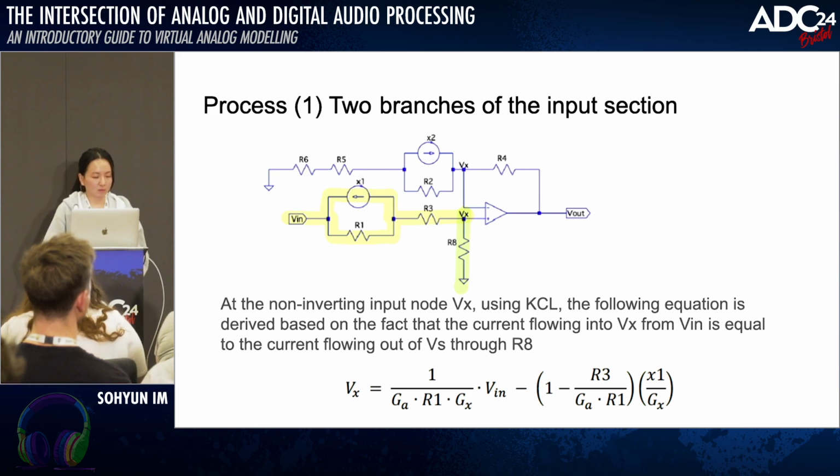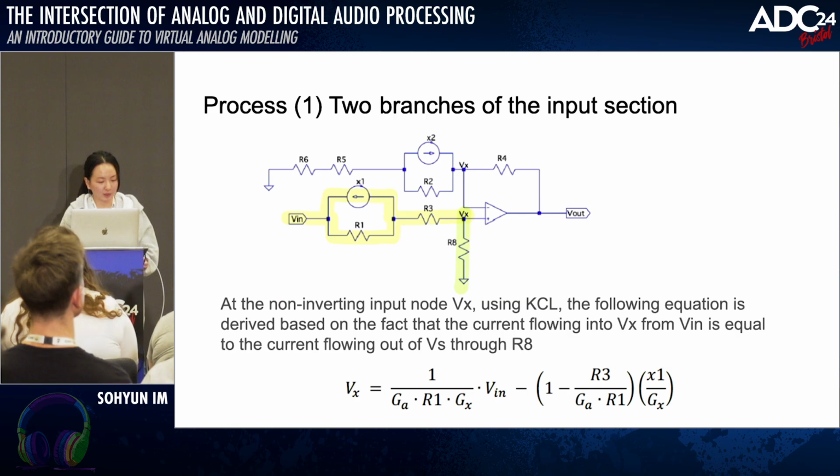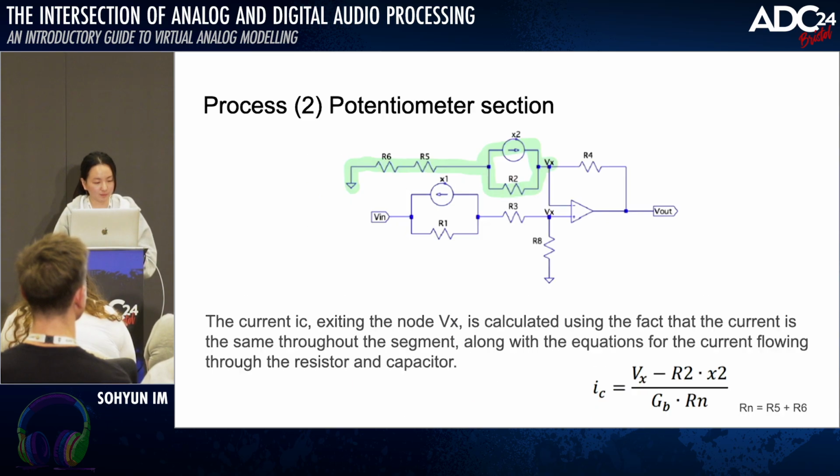There are several processes. First, the two branches of the input section. At the non-inverting input node Vx, using Kirchhoff's current law, the following equation is derived based on the fact that the current flowing into Vx from Vin is equal to the current flowing out of Vs through R8.